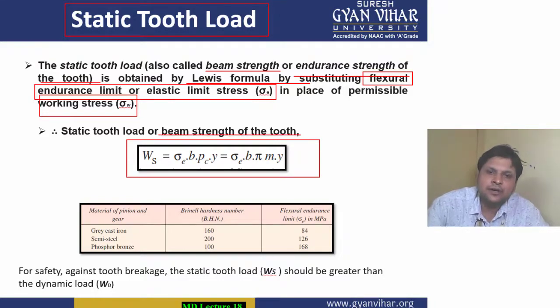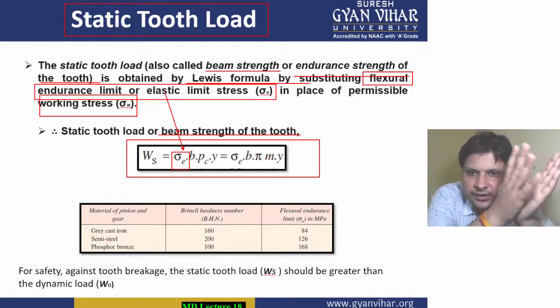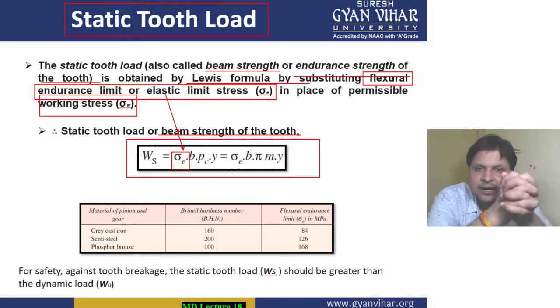In this formula, students, if in place of sigma W you put sigma E, which is the endurance limit of the material or elastic limit stress, the flexural endurance limit, then you can calculate the static tooth load. Meaning when the tooth is not in operating condition, not in dynamic condition, in that case the static load can be calculated by this formula.